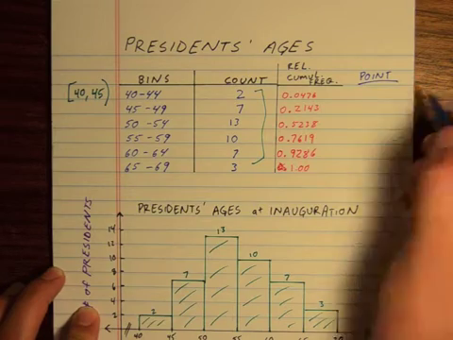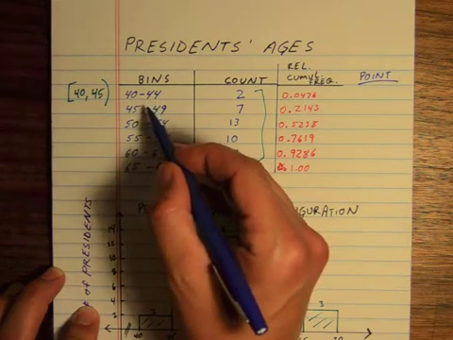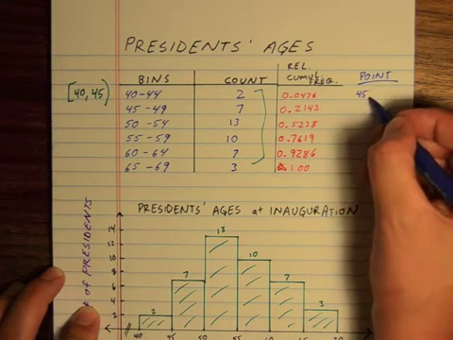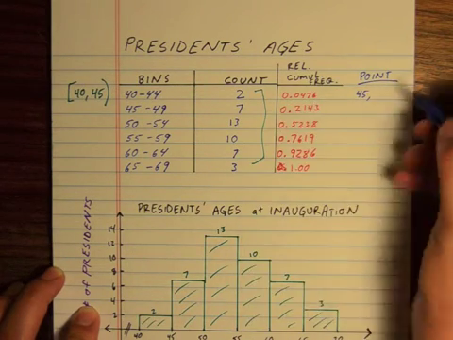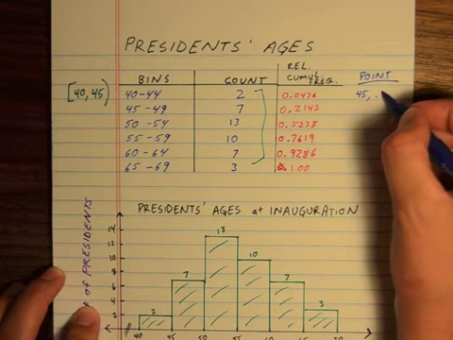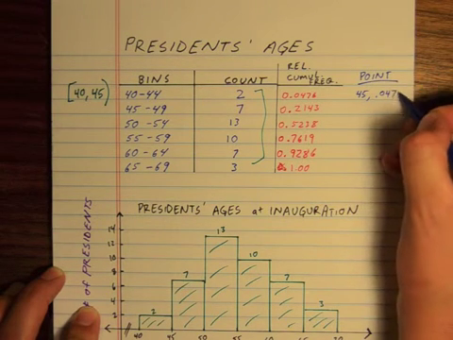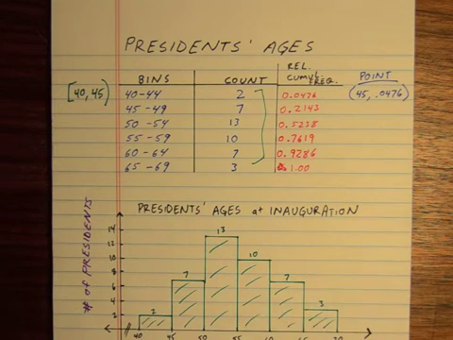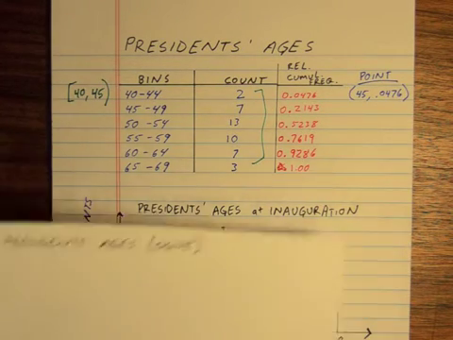And that point will be the upper edge of this bin. In other words, 45 will be the x-coordinate, and then this relative cumulative frequency, let's say 0.0476. So that will become a grid point on this ogive plot.